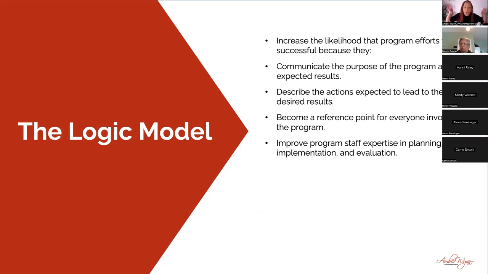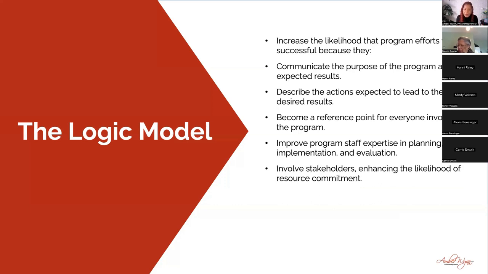When you have people talking about something, it's left up for interpretation. But when you have a one-page graphic that says, here are inputs, here are outputs, everybody is able to be on the same page. And the more that your program staff can refer to the logic model, the more expertise they tend to create around that.